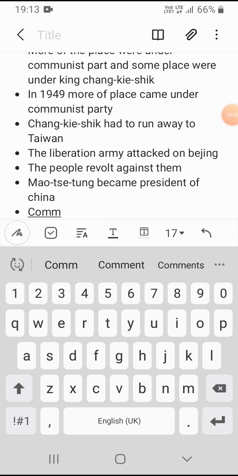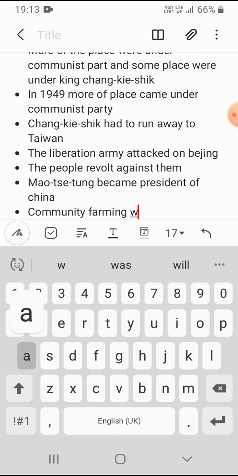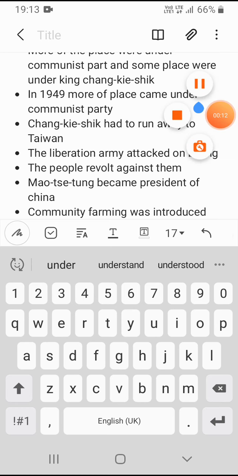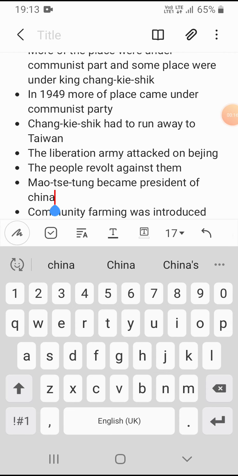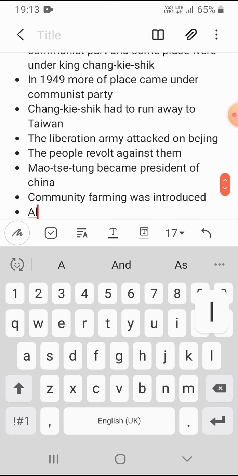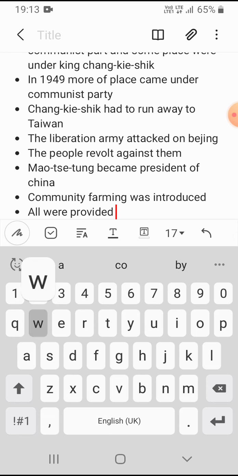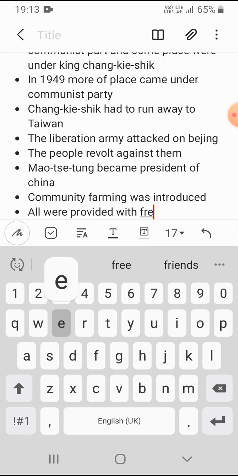Community farming was introduced, and everyone was provided with free health and education.